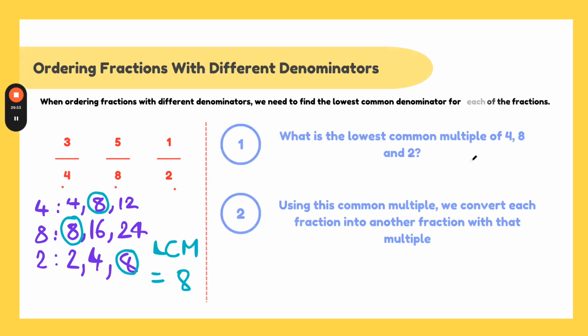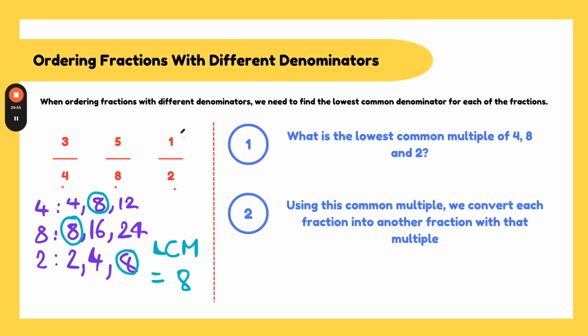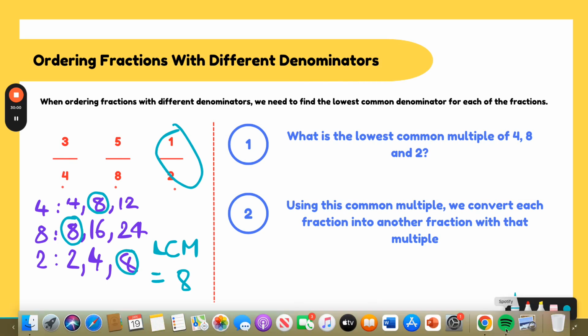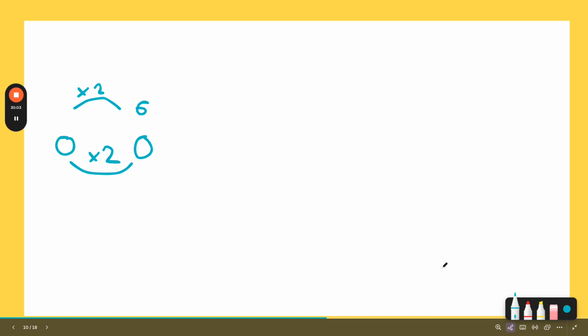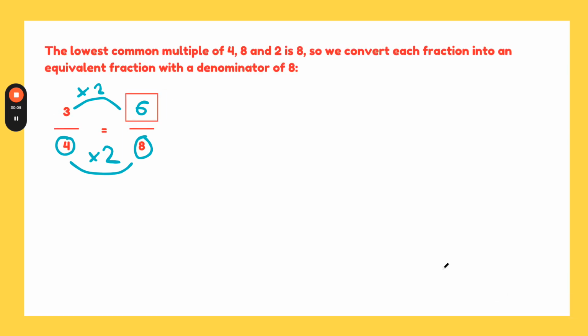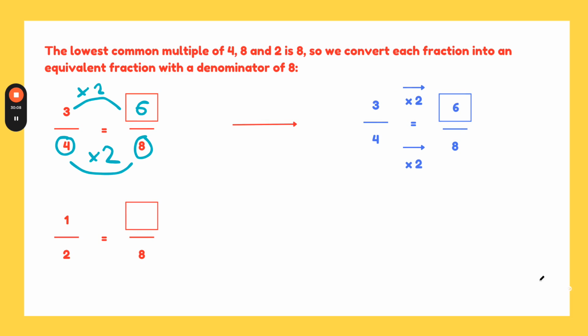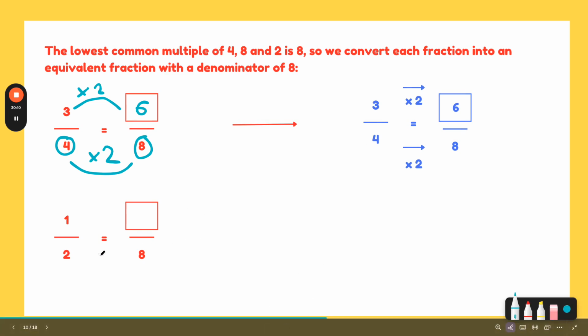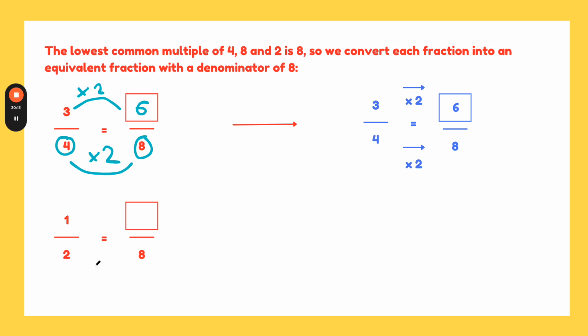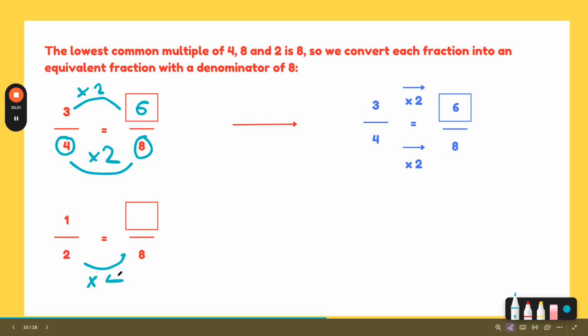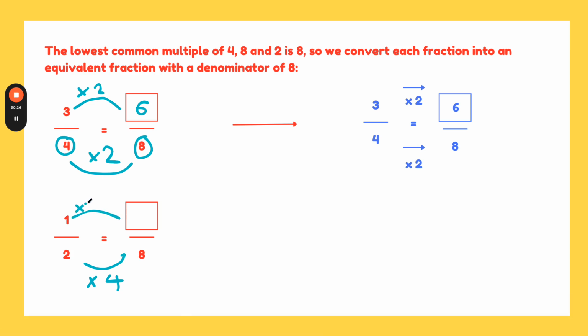And our other fraction was 1/2. Sorry, that's very messy. 1/2. So from 2 to 8, what do we multiply or divide by? So we multiply by 4 because 2 times 4 is 8, which means we do 1 times 4, which is 4.